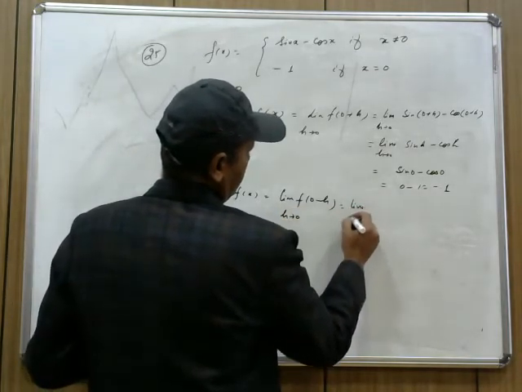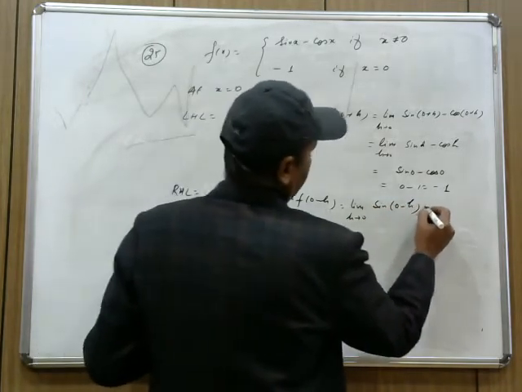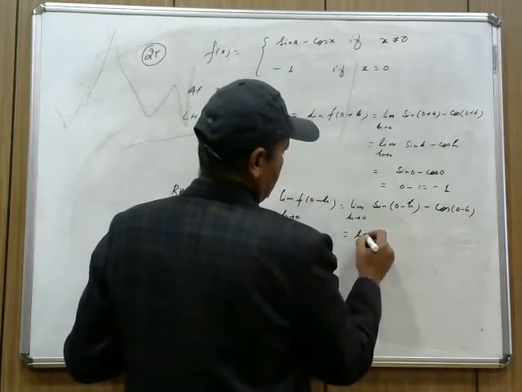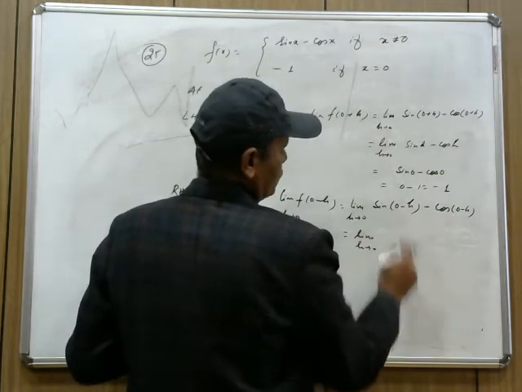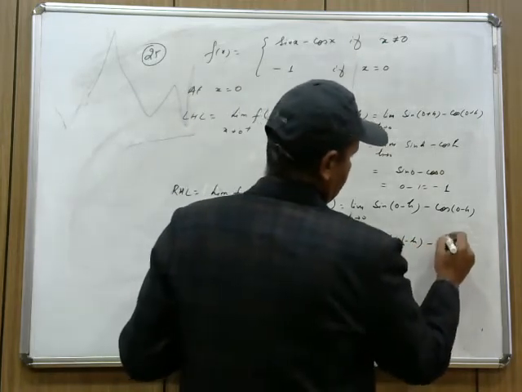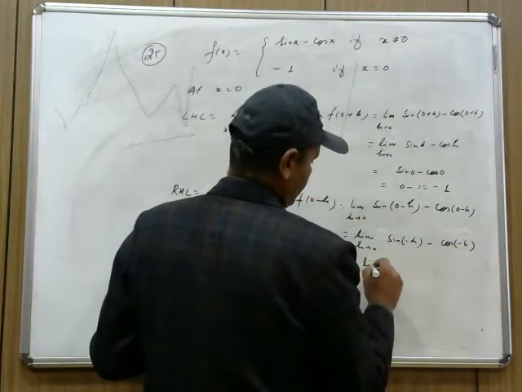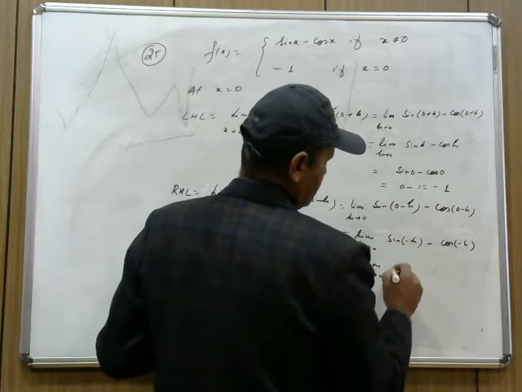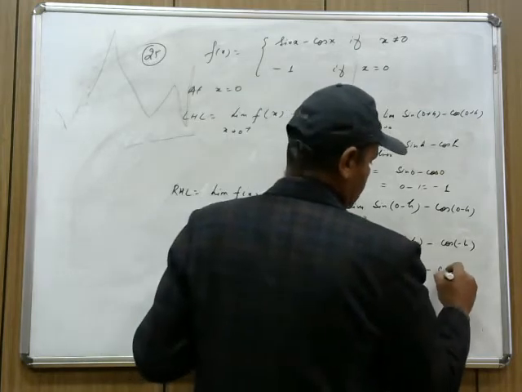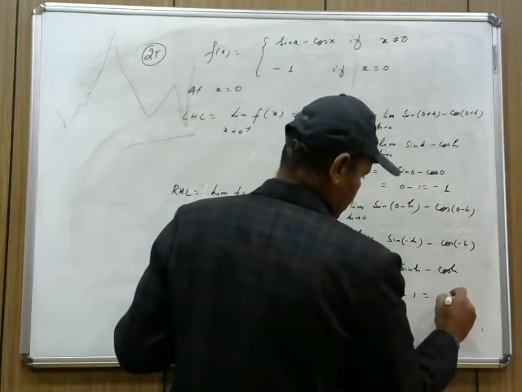Again I will get limit h tends to 0 sin 0 minus h minus cos 0 minus h, that is sin minus h minus cos minus h, which I can write now as limit h tends to 0 of minus sin h minus cos h, because sin minus theta is minus sin theta, and cos minus theta is positive cos theta, that's why it will remain simply cos h. Now put value 0, now minus 0 minus 1, and that equal to how much? Minus 1.